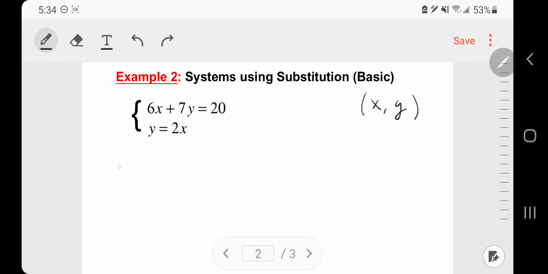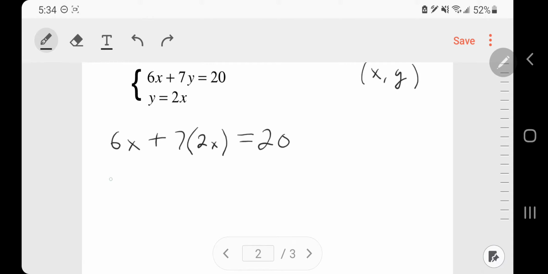So what I'm going to do is rewrite this equation up here, but I'm going to substitute in a 2x for my y. So it's going to be 6x plus 7 times, now instead of my y, which would go here, I'm going to substitute my value for y, which is 2x, equals 20. Again, this piece here represents the y, but y equals 2x, so I plugged in a 2x in its place.